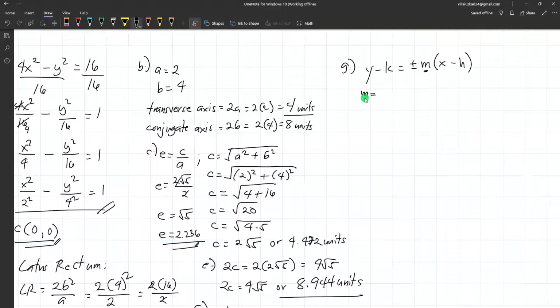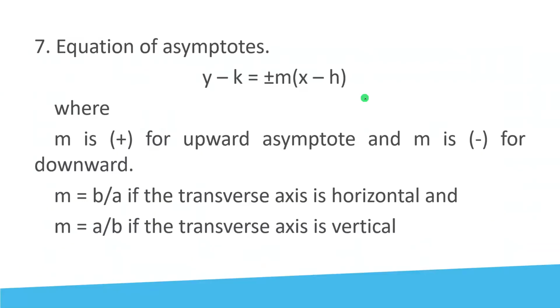So let's go back to our lecture with regards to the value of m. If the transverse axis is horizontal, we will use m as b over a. If the transverse axis is vertical, m is a over b.